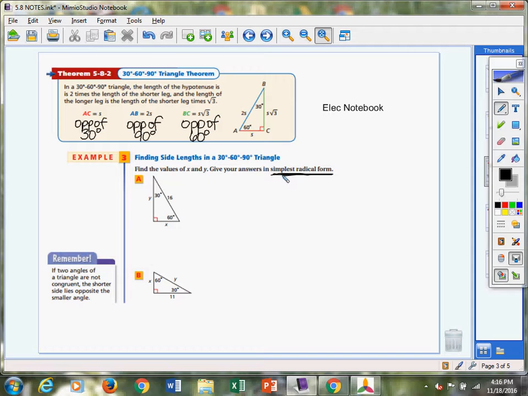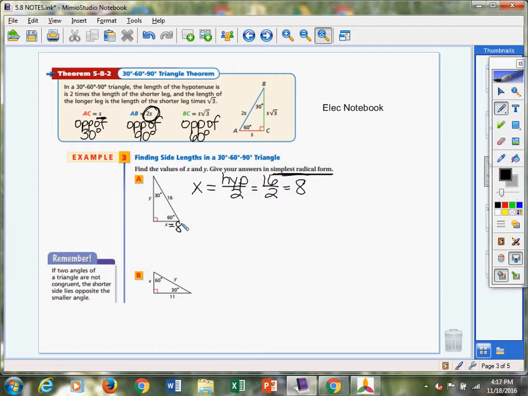Now, remember, our hypotenuse is double your shortest side. So to undo that, to get from the hypotenuse back to the shortest side, we would have to divide that by 2. So the way to find x is you would take your hypotenuse and divide it by 2. And so that would be 16 over 2, which is 8.